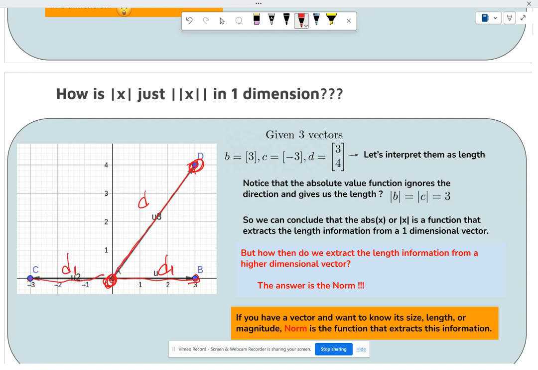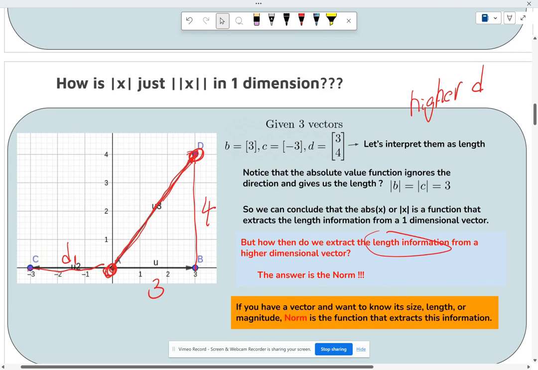Now, norm is telling us the distance or the size of a vector at a higher dimension. How do we extract the length information here? We know that this is 3 and this is 4, so we can calculate the hypotenuse. At a higher mathematical level, we think of them as norms.